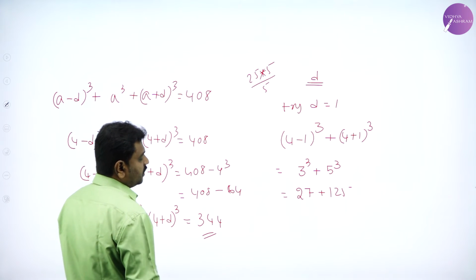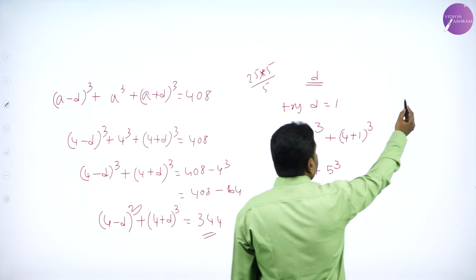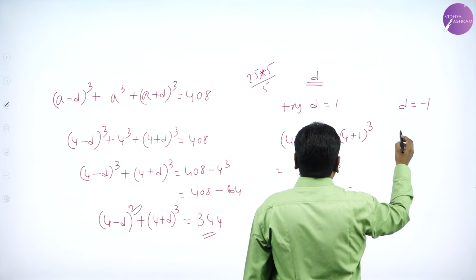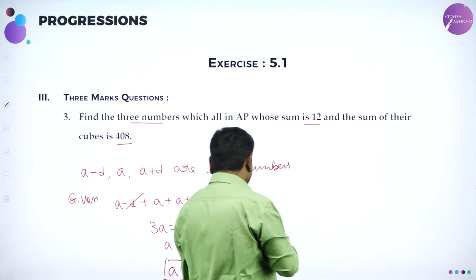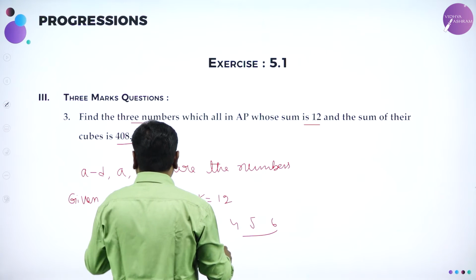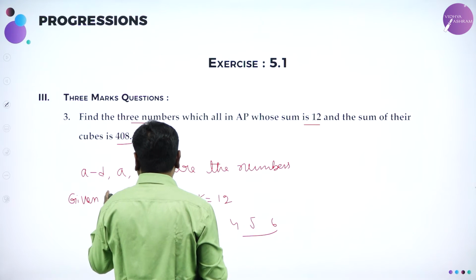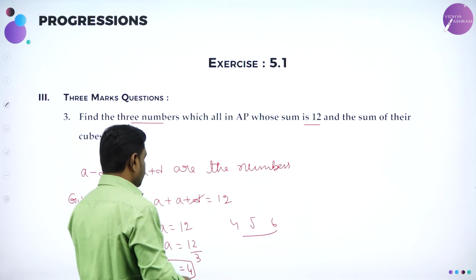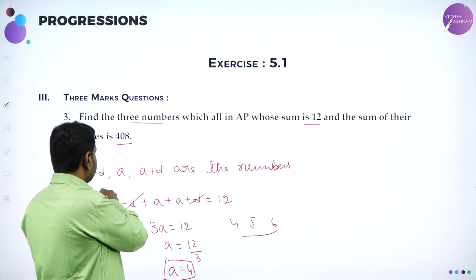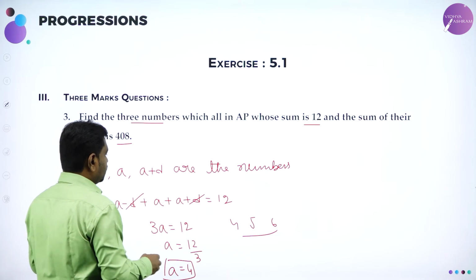So therefore I'll try d as minus 1. So the terms in AP are a minus d, a, a plus d. So this is 4, this is 3, this is minus 1.